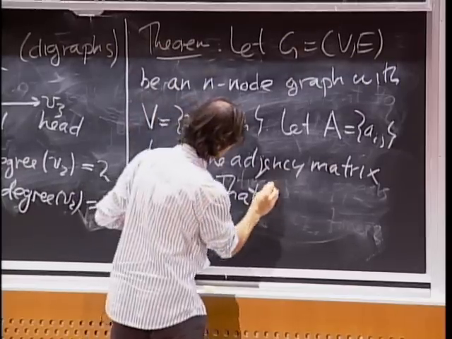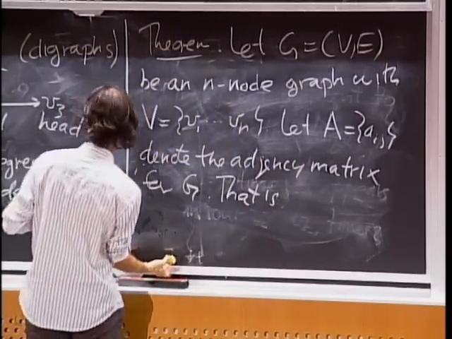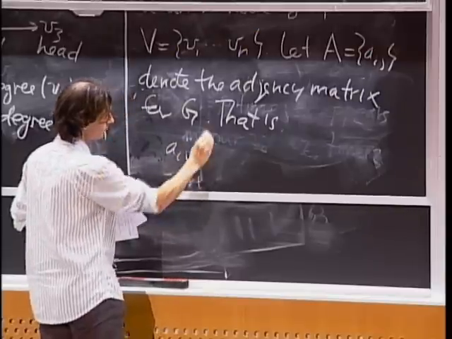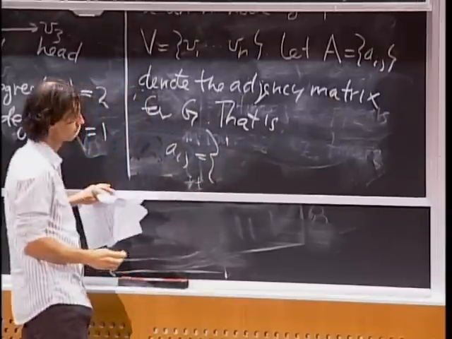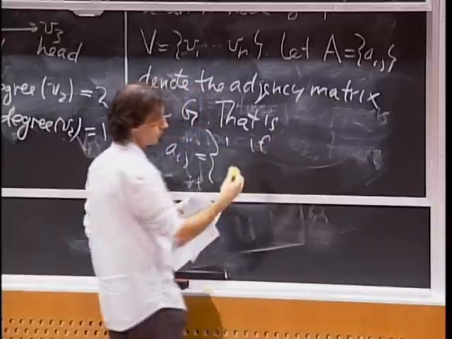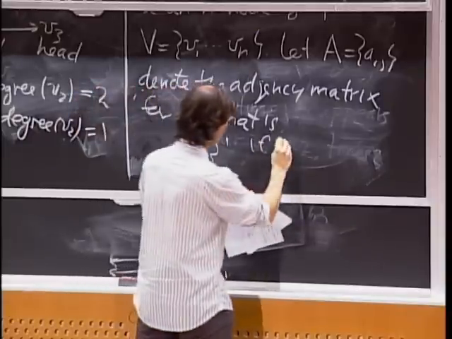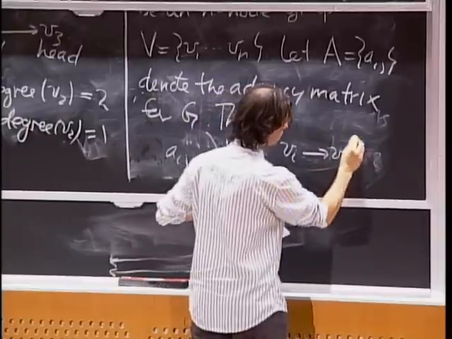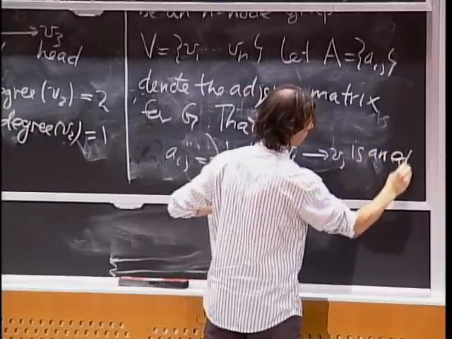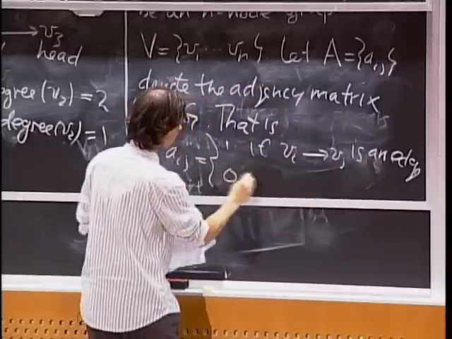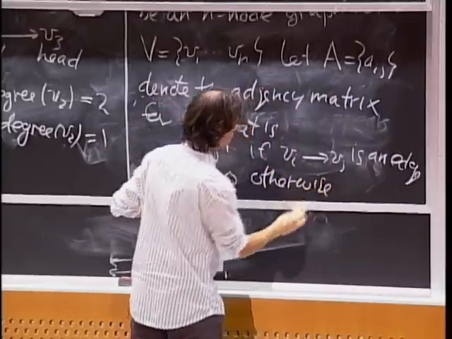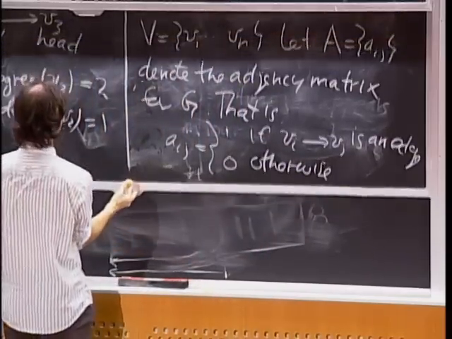It means that Aij is equal to 1 if we have an edge that goes from Vi to Vj, so this is an edge, and 0 if this is not the case. So this is the adjacency matrix.